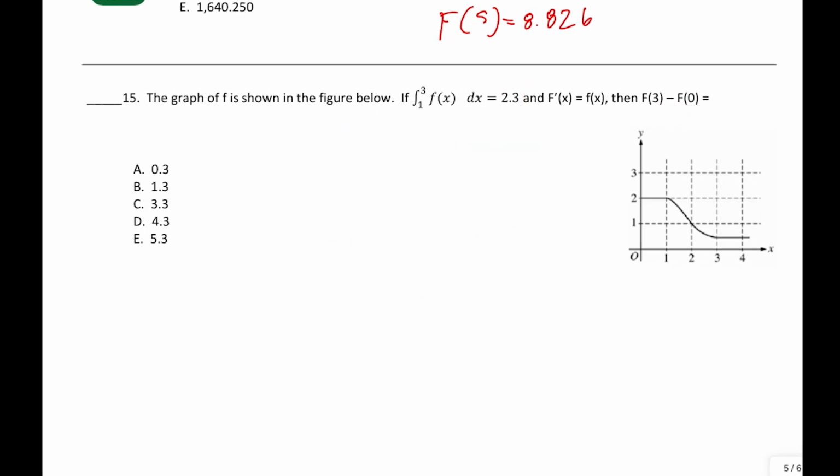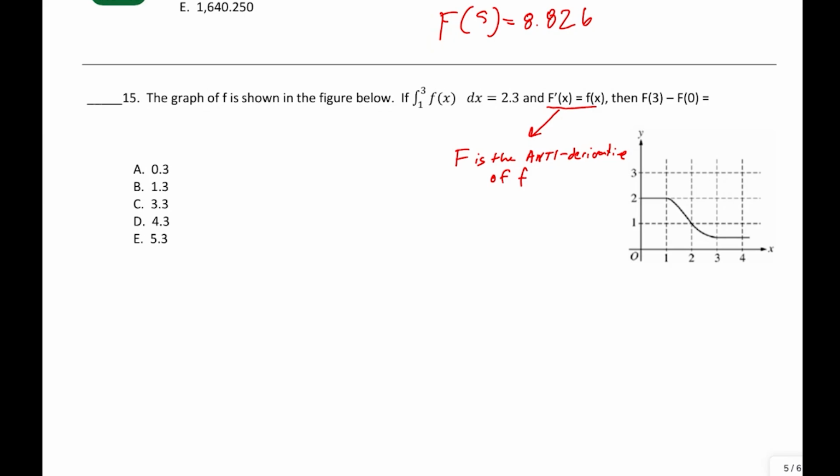Number 15 says the graph of f is shown in the figure below. If the integral from 1 to 3 f of x dx is 2.3 and capital F prime equals f of x. Okay, so just to be clear, what this means is that capital F is the antiderivative of f, little f.